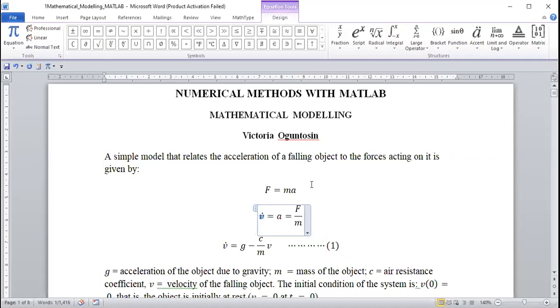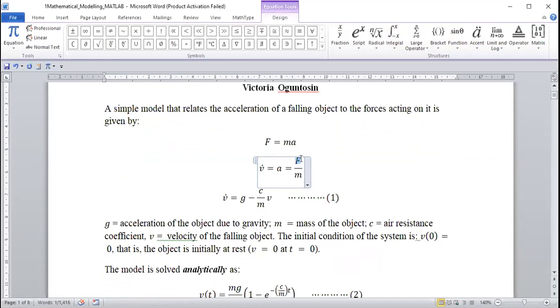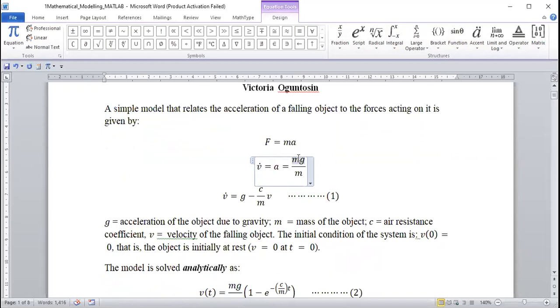There are two forces acting on the falling object. One is due to gravity, while the other is due to the air resistance. The one due to gravity is mg, mass times the acceleration due to gravity, while the one due to air resistance is cv. This is how we got the model. When you divide both sides by m and do the arithmetic, we arrive at this model. So this is how we arrived at the simple model of a falling object.